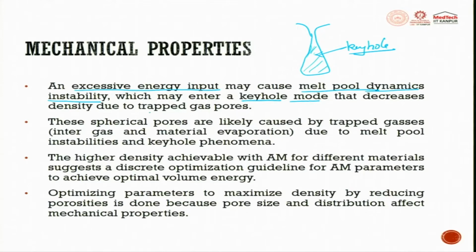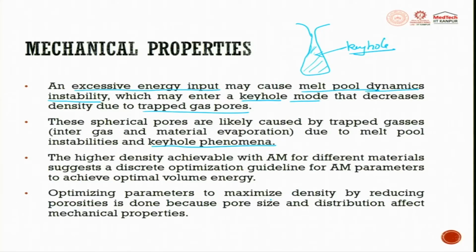This keyhole effect leads to gas entrapment in the pores. These spherical pores are likely caused by trapped gases due to melt pool instability and keyhole phenomena. So, like the Marangoni effect, you also have something called the keyhole phenomenon, which is very common when you do laser matter interaction.